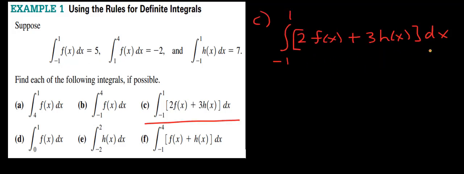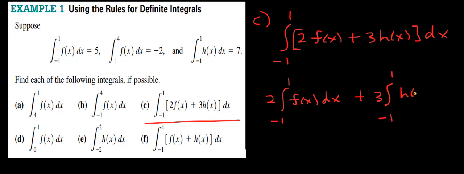Now, how would you evaluate this? First, you could break it down. 2 is a constant, so 2 could come out: 2 times the integral from -1 to 1 of f of x dx, and 3 is a constant, so plus 3 times the integral from -1 to 1 of h of x dx.